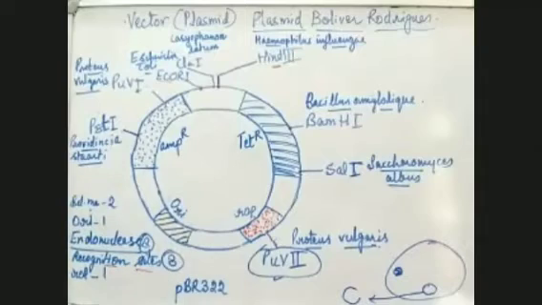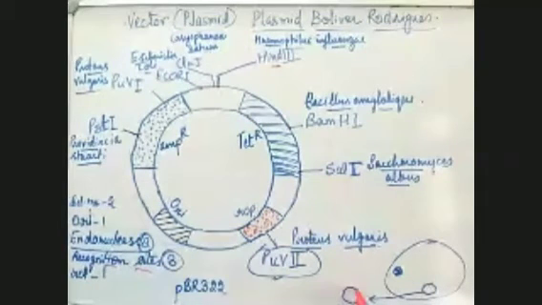Endonucleases were used to cut these plasmids, and then our gene of interest was introduced into them. Suppose this is our gene of interest which has been introduced, and this plasmid acts as the vector. These were introduced into the bacteria again, because they belong to bacteria.